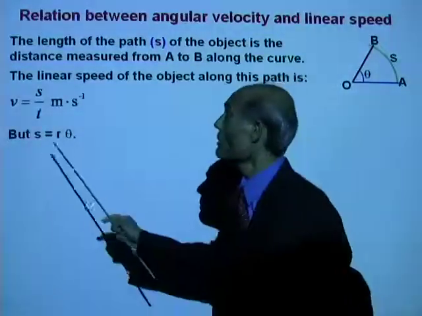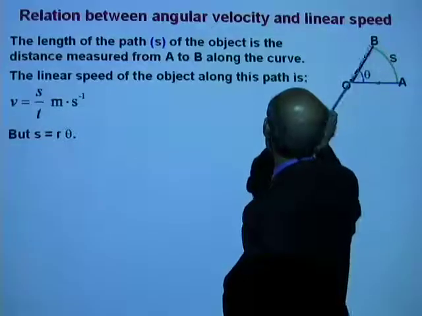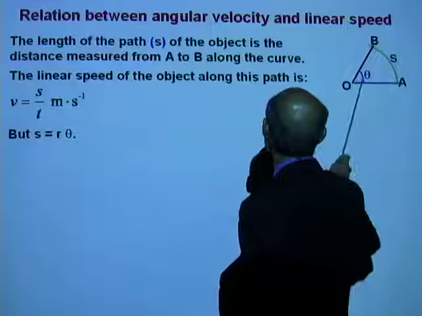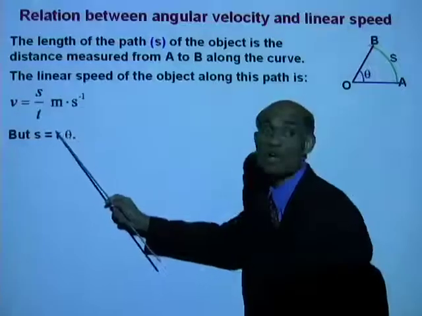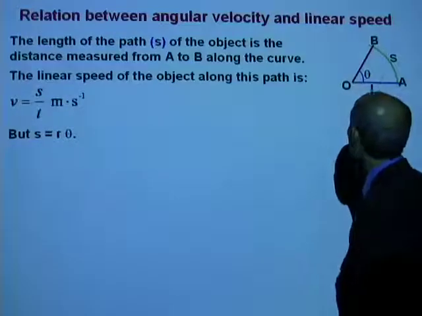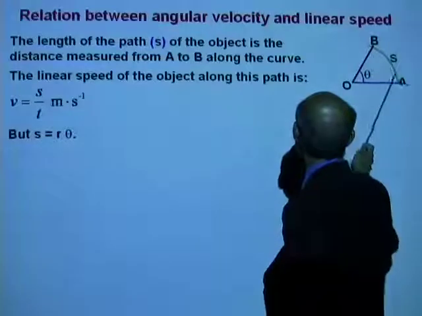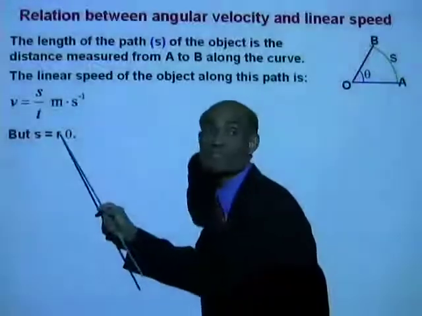Simple concept. But as I just showed it to you, the distance S equals R times theta. I have used lowercase r. Remember, R is the length of OA or the length of OB. So S equals R times theta.